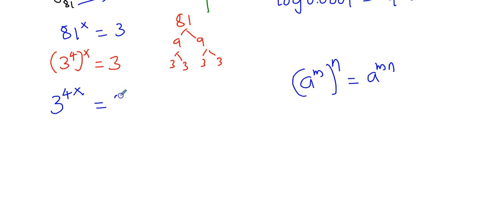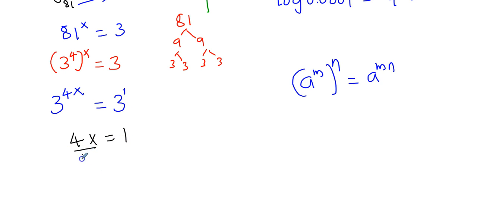On the right hand side, it is just 3. 3 by itself, so you can always write 1 as the exponent. It is 3 to the power of 1. Now you have an equality with the same bases, therefore the exponents are equal. I'll write 4x is equal to 1.